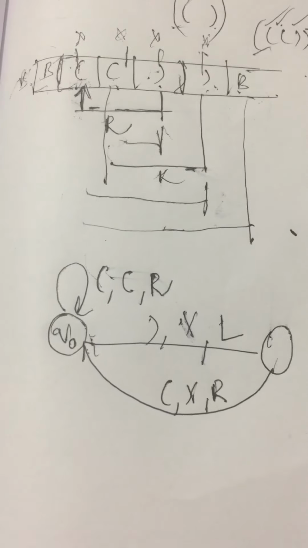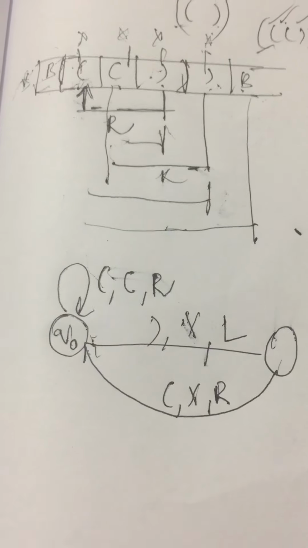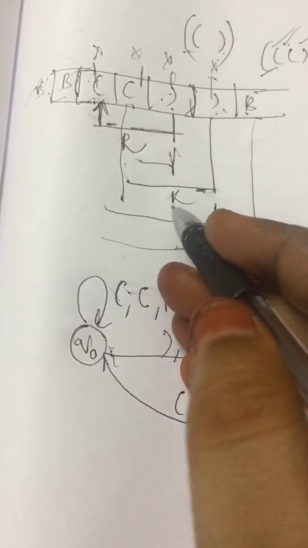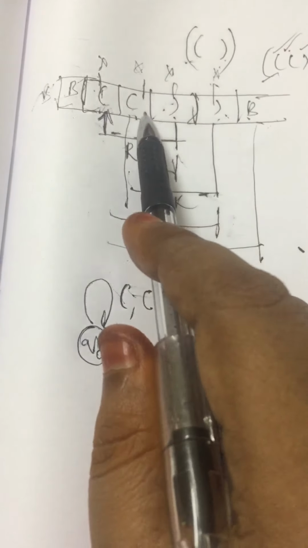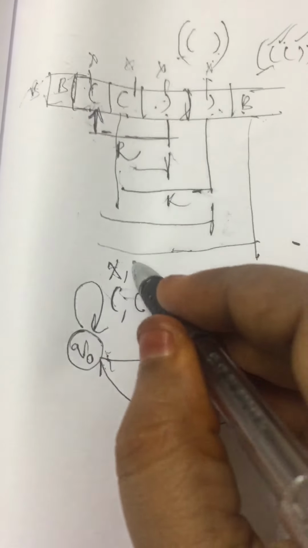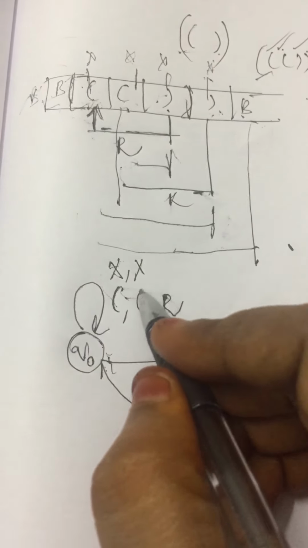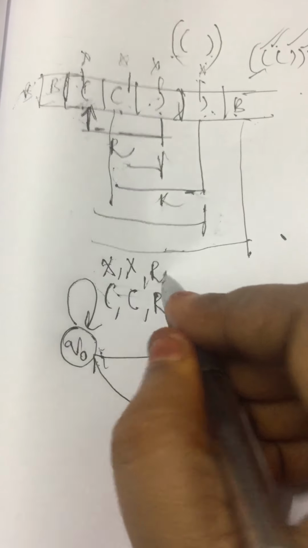In order to follow the same procedure, we have to go in search of the close brace now. While going in search of the close brace, we are going to obtain X here. In the previous step there was no X, but now X is obtained. So this X will remain as X only and move to the right direction.